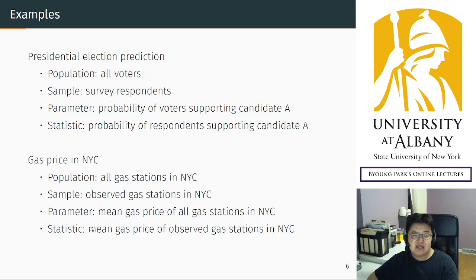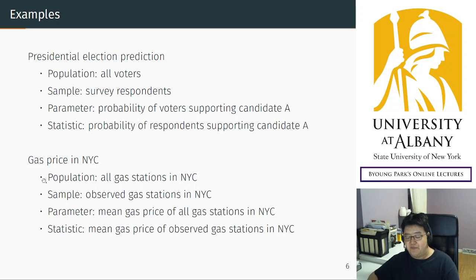And the statistic I'm going to use is the mean gas price from the sample. So you observe just a finite number of gas prices and calculate their average. That is your statistic. That is your estimator. So the statistic is calculated from the sample.